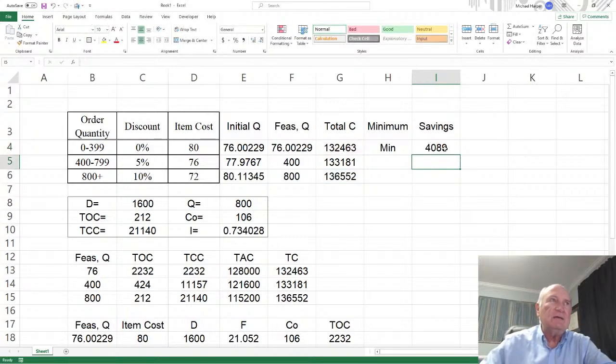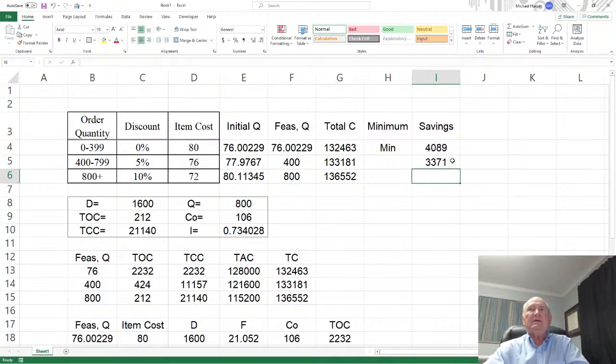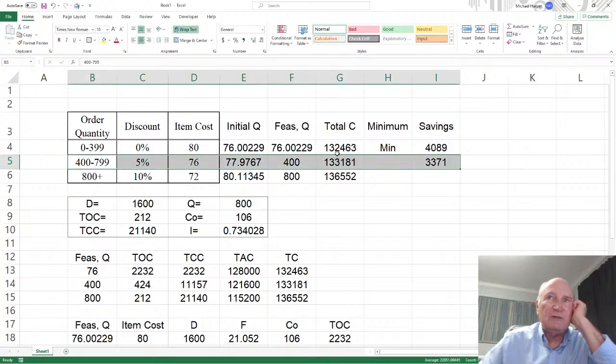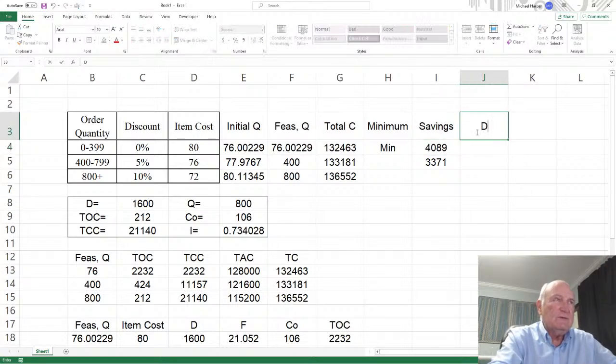That's 4089. What about the manager from here? This is this minus this. If you go to the second one, you're saving that much. If you go here, that's the most saving, so that's the minimum. What's the difference?